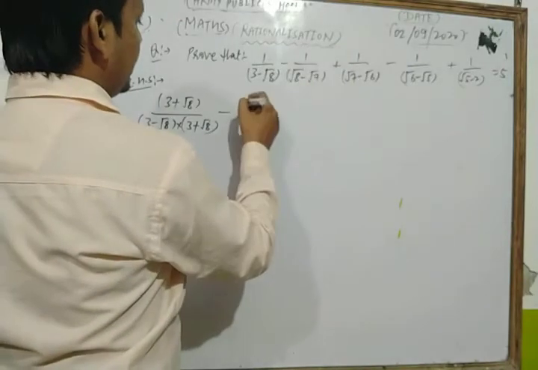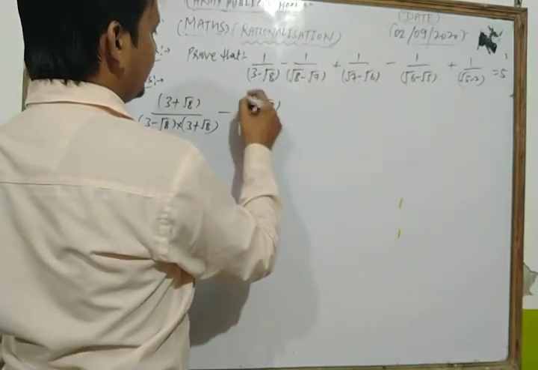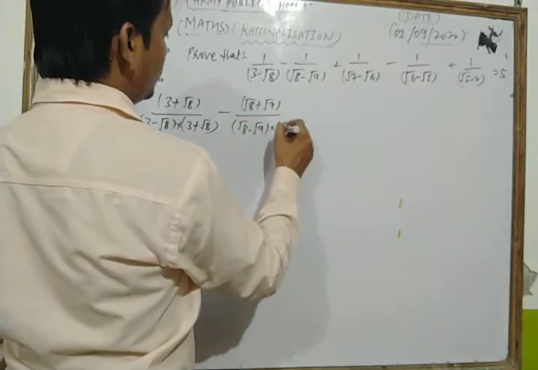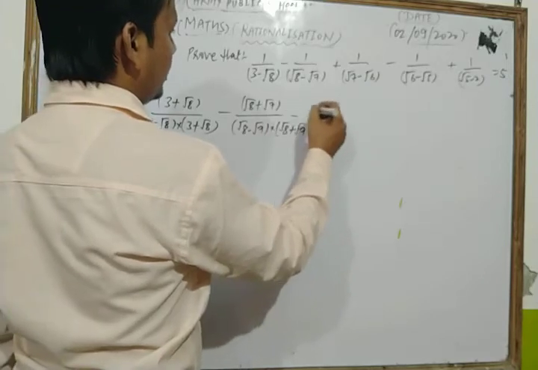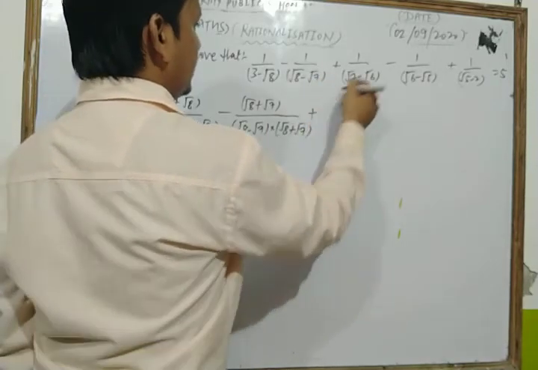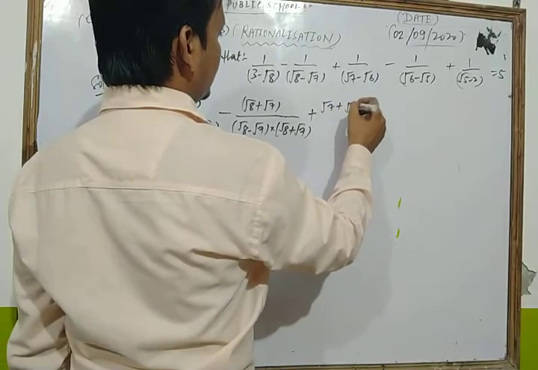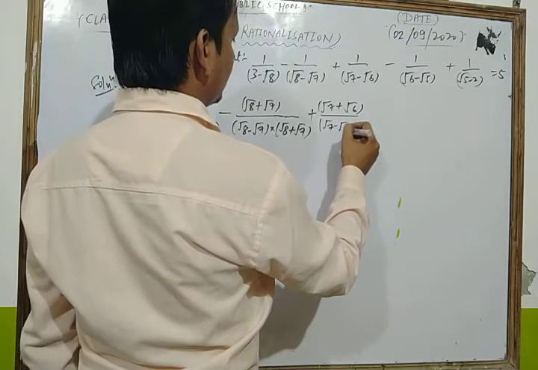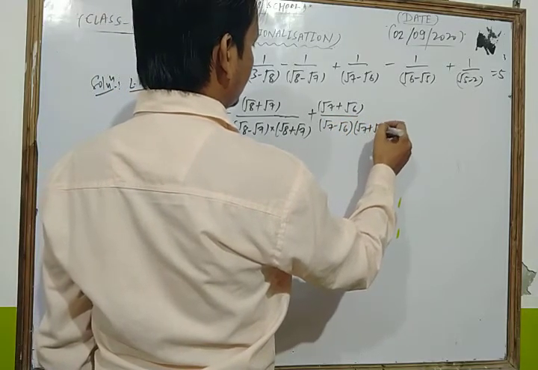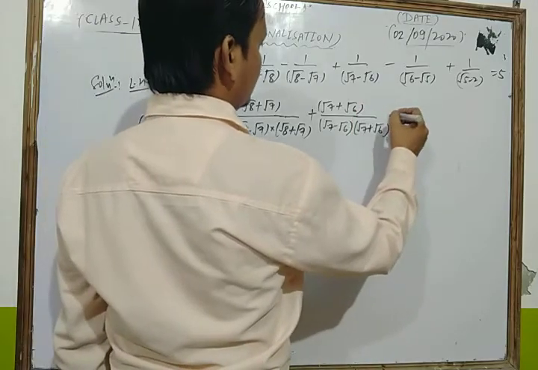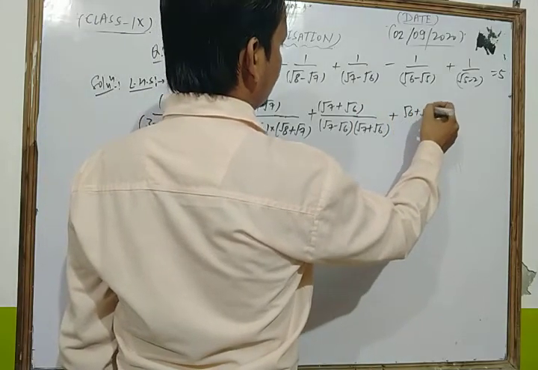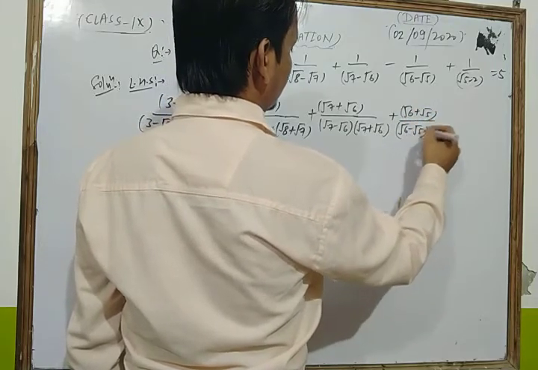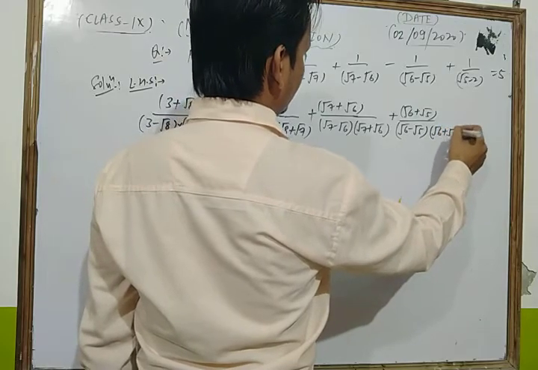Let's see. Here we get root 8 plus root 7 upon root 8 minus root 7, plus here we get root 7 plus root 6 in the same way.